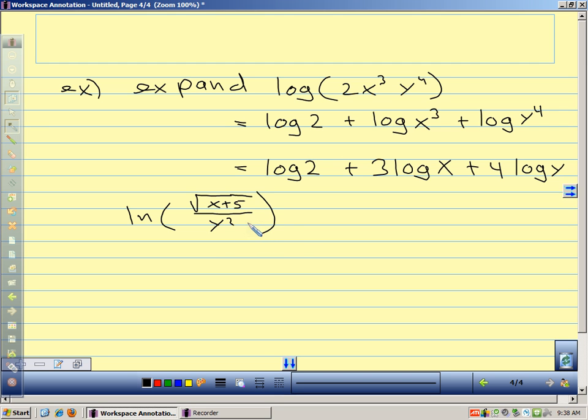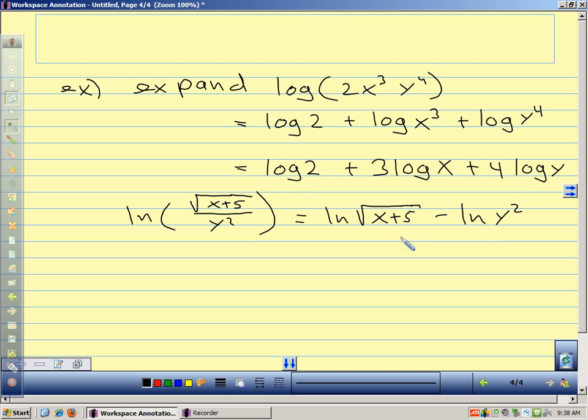And I want to expand this. Well, here I have division, and my properties of logarithms tell us we can turn that into subtraction. So this is natural log of the square root of x plus 5 minus the natural log of y squared.